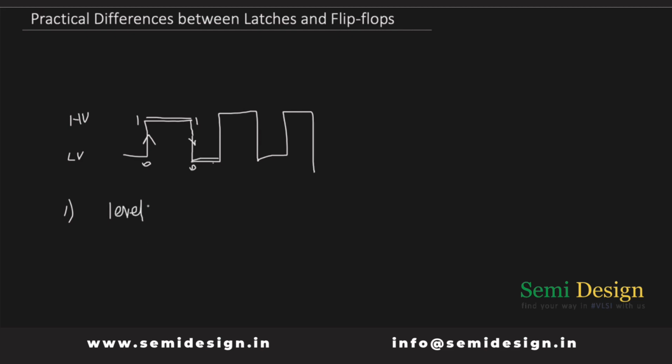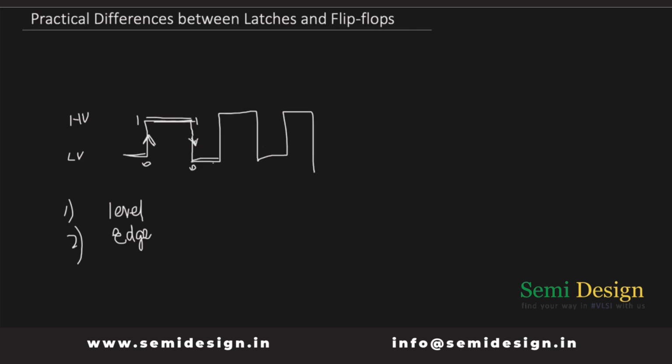Level means this, lower level or higher level. Second is edge. This is a positive edge, and this is the negative edge. So this is mainly the basis of differences between latches and flip-flops.